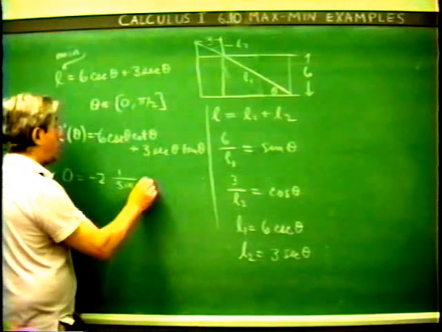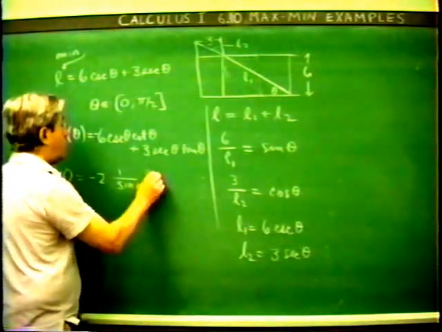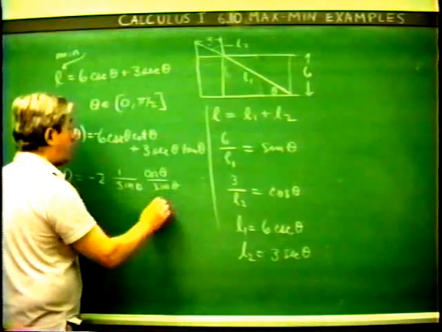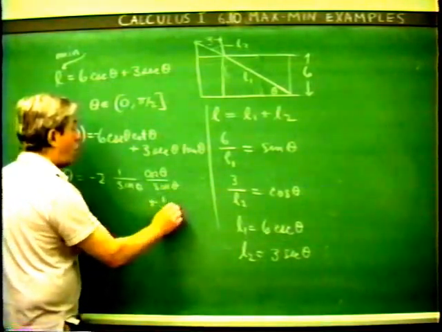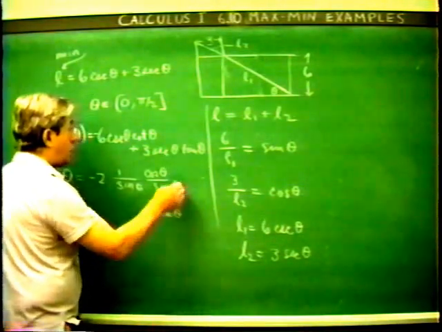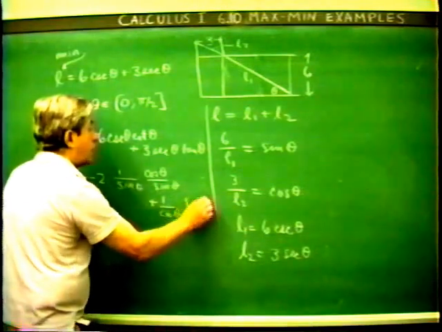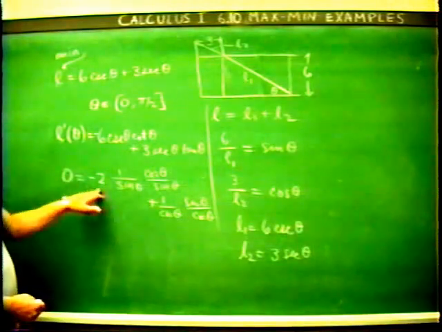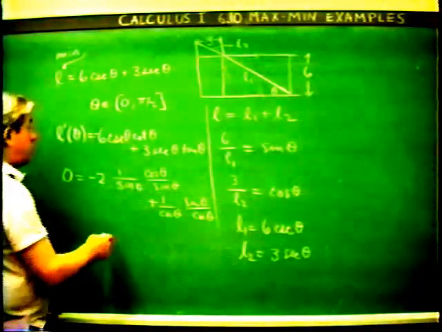So this is 1 over sine theta and cosine theta over sine theta plus 1 over cosine theta sine theta over cosine theta.